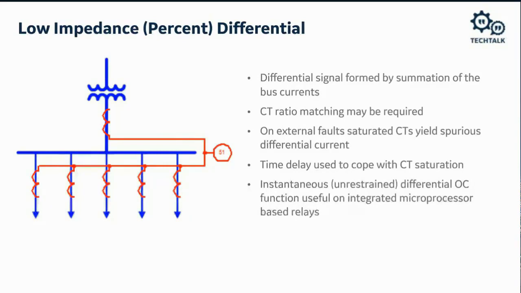So the ratio should still be small, so it'll allow us to restrain from tripping. In our typical schemes, like we mentioned, to cope with CT saturation issues, we might have to have some sort of time delay to it. With this scheme, we have various ways of dealing with CT saturation, which we'll talk about.